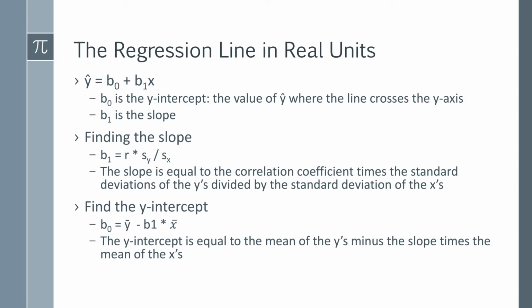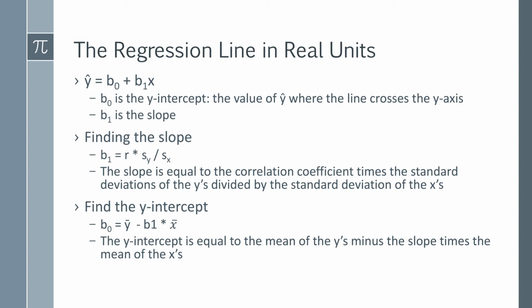This slide shows the generic form of the linear regression model. Our predicted value of y, or y hat, equals b naught plus b1 times x. b naught represents the y-intercept, the value of y hat where it crosses the y-axis, and b1 represents the slope.